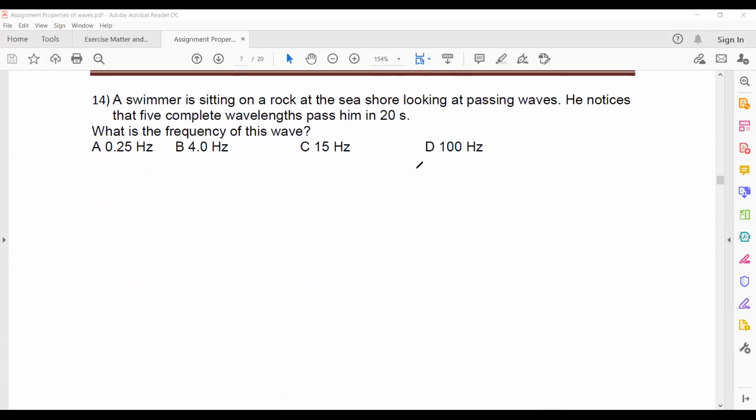Because the frequency is the number of vibrations per second, so vibrations divided by time. Five complete wavelengths means 5 waves divided by 20, which equals 0.25. A is the right answer.